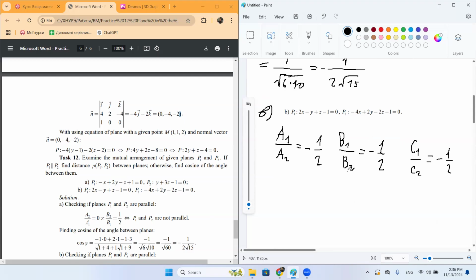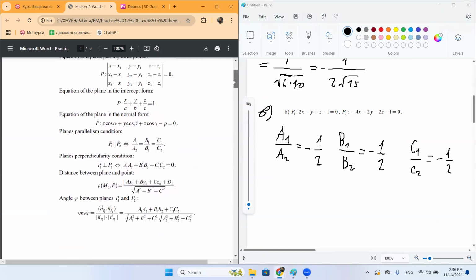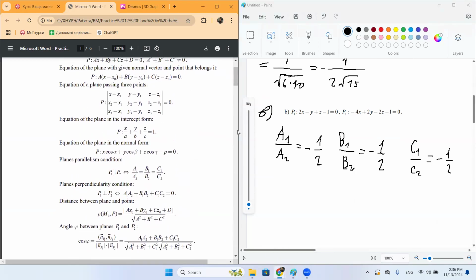I have a question: how to calculate the distance between the planes? We don't have a specific formula for distance, but we can do something else. Your ideas, suggestions on how to solve? What can we do? Sophia?